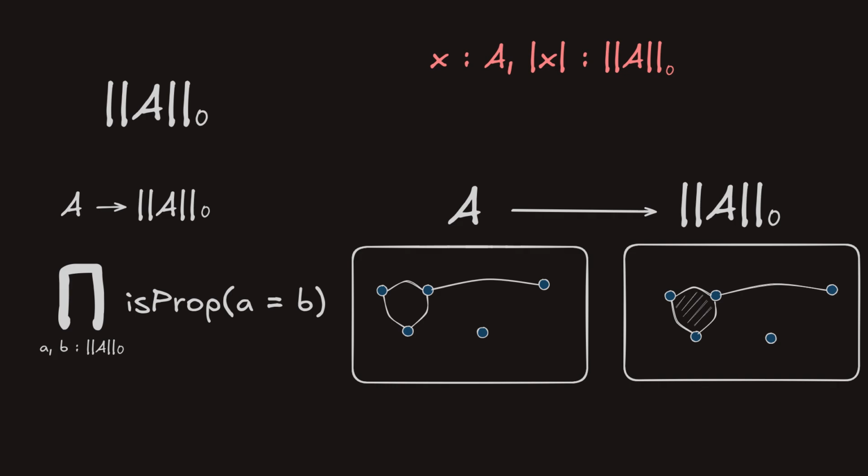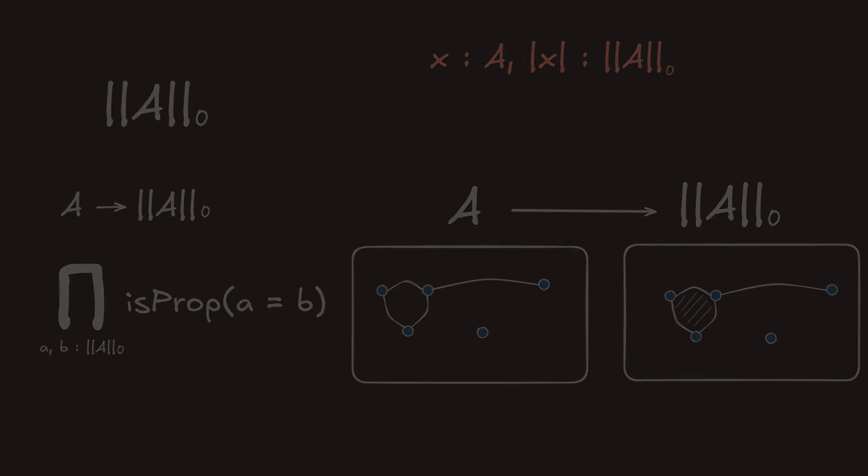We'll start by constructing a loop space. But what is a loop space? Well, suppose we were given the type A and a term x in A. We define the loop space omega A x as being the equality type x equals x.